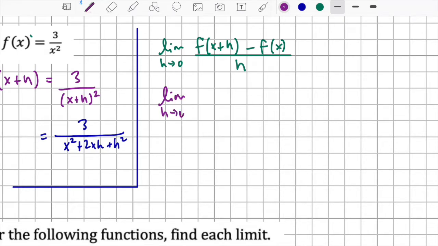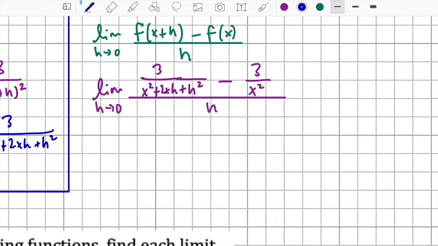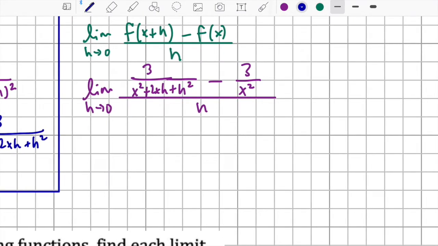So the limit as h approaches 0 of 3 over x squared plus 2xh plus h squared, minus f of x, and f of x is just 3 over x squared, all of that divided by h. So now what I want to do is simplify this complex fraction, this mess right here.